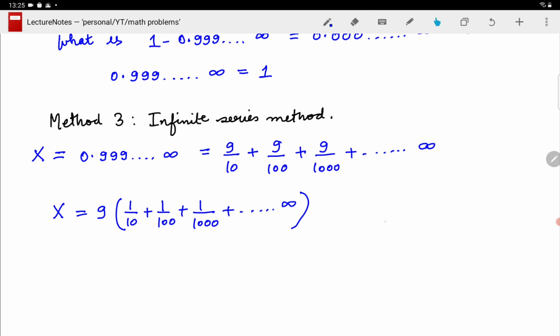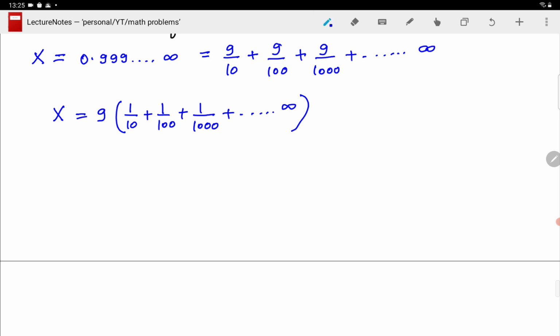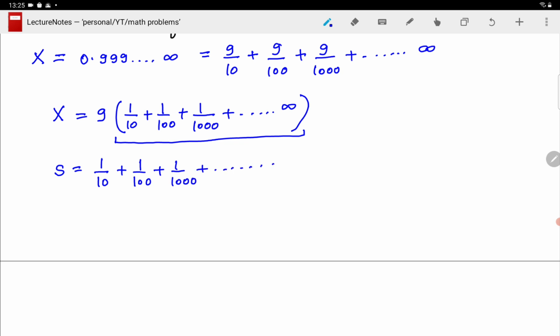Now let us call the series inside the bracket S. So this is the series we have: 1 by 10 plus 1 by 100 plus 1 by 1000, extended to infinity. This is a geometric progression.